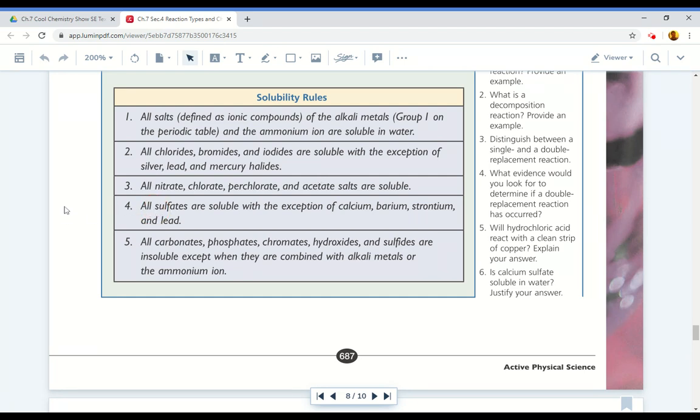All sulfates are soluble with the exception of calcium, barium, strontium, and lead. All carbonates, phosphates, chromates, hydroxides, and sulfides are insoluble except when they are combined with alkali metals or the ammonium ion. And again, remember, soluble means it dissolves in water. Insoluble means that it does not dissolve in water.